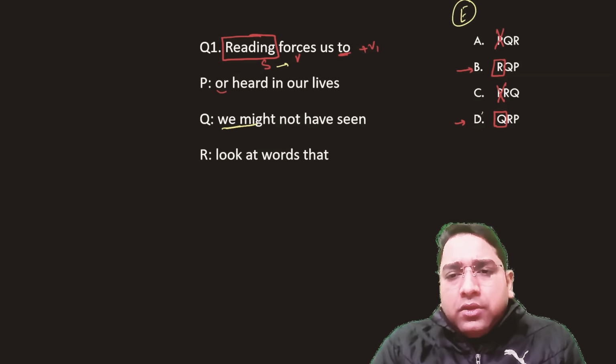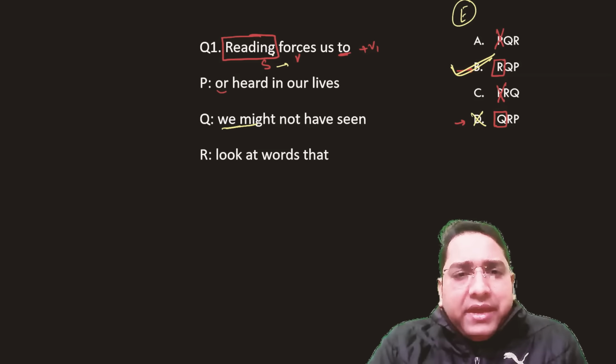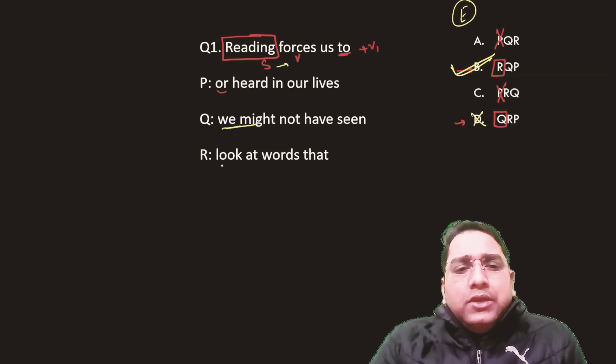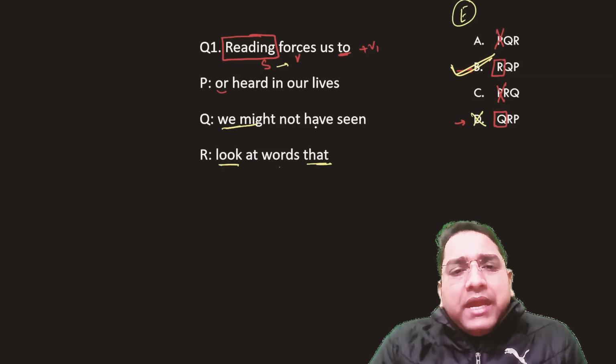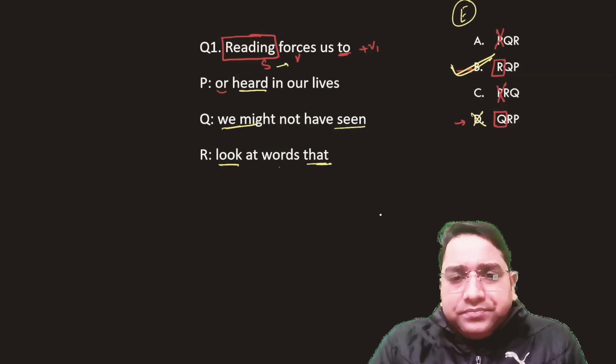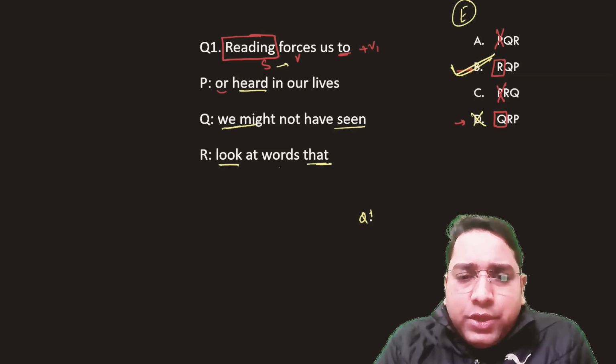So no, Q cannot be the initial line. So we are left with only one option. Let's verify. Reading forces us to look at words that we might not have seen or heard in our lives. That's it. Understood? If yes, everybody will write Q1 clear.